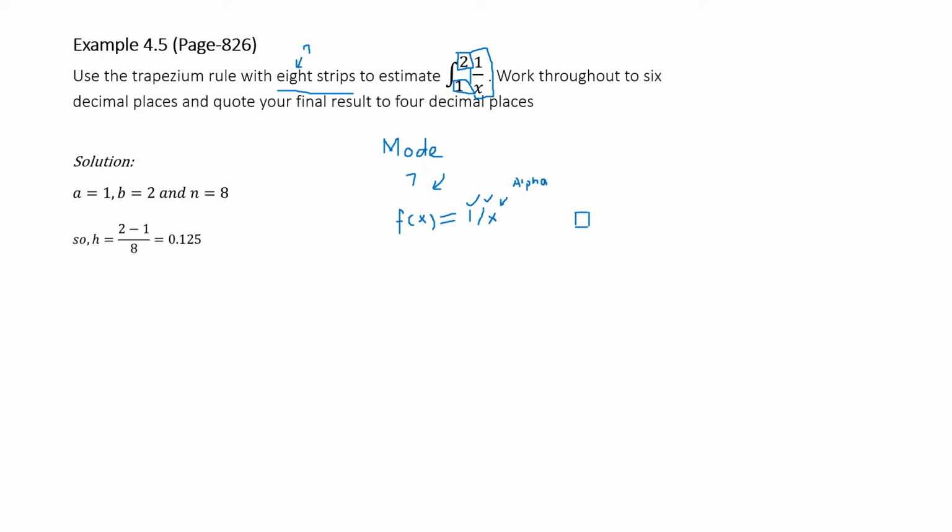I think x will be written somewhere beside it, and on my calculator I think here, the small parenthesis or small bracket.